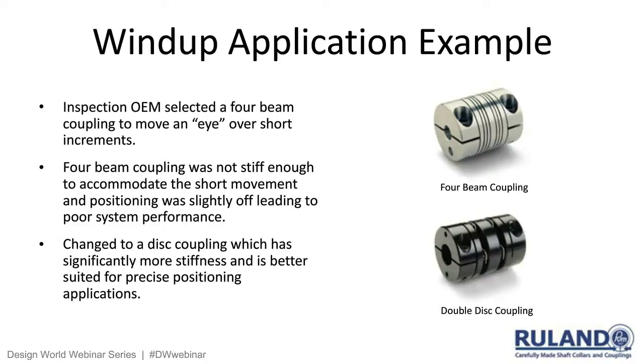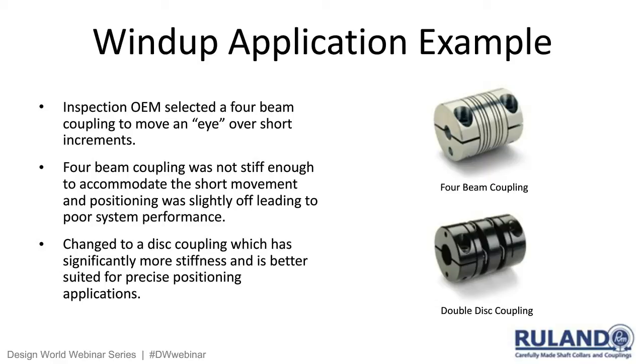Wind-up application example: an inspection system, and the OEM selected a 4-beam coupling to move an eye, optical inspection, if you will, over short increments. A 4-beam coupling was not stiff enough to accommodate the short movement, and positioning was slightly off, leading to poor system performance.